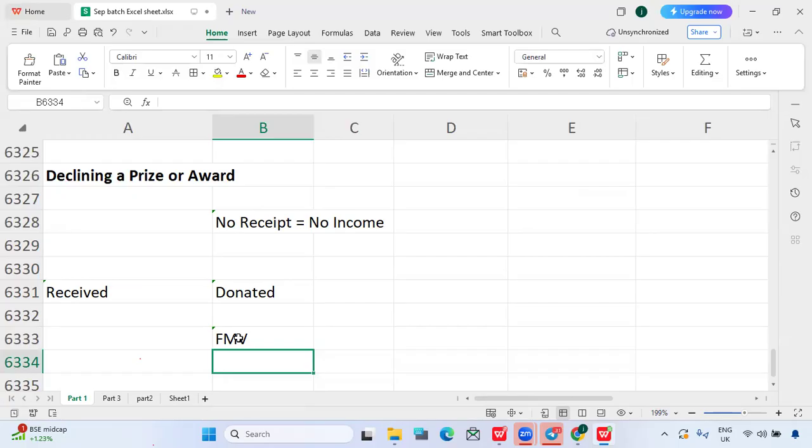We have to see willing buyer and willing seller, and both should have complete knowledge of the product, and no one should be forced. Someone should not sell forcefully.